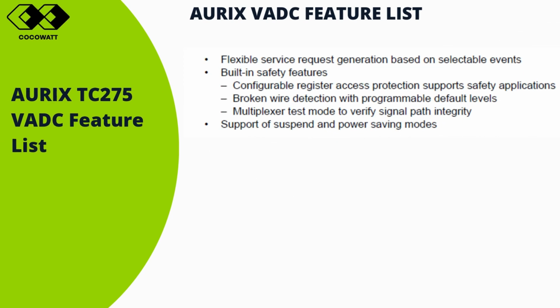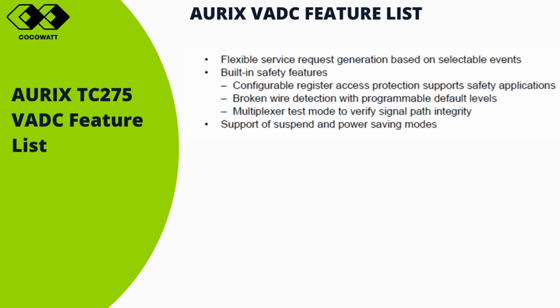On the safety side, the ADC includes configurable register protection for critical applications, broken wire detection with programmable default response level, and a multiplexer test mode to ensure signal quality and path integrity. Finally, the ADC cluster fully supports power saving modes, ideal for today's energy efficient automotive design.